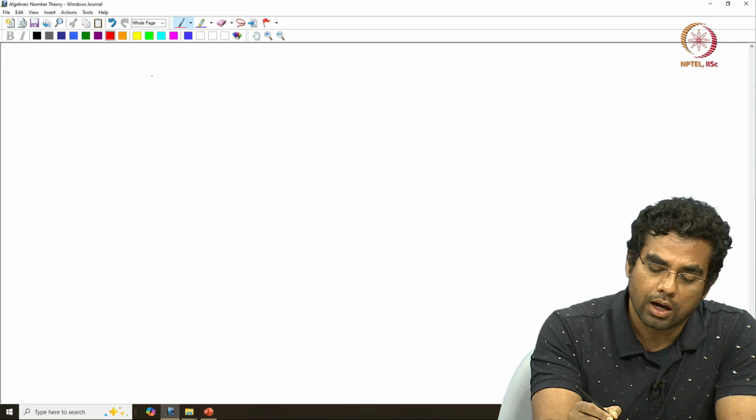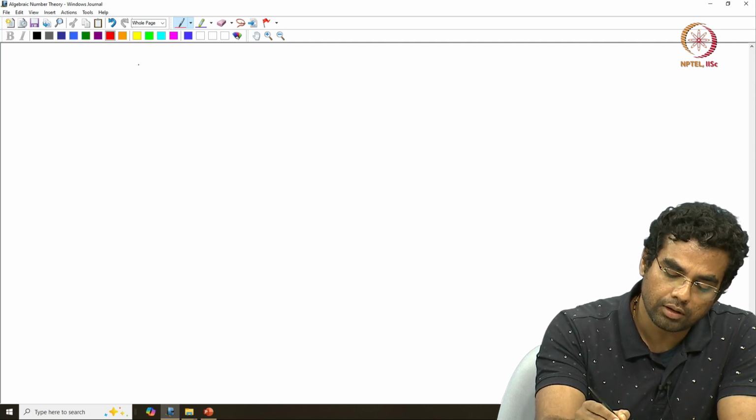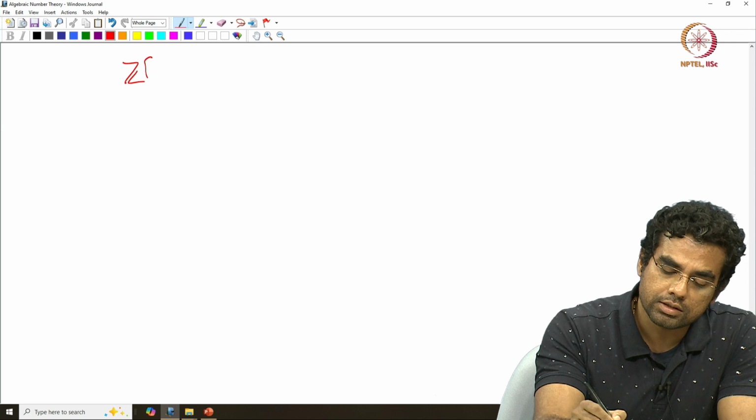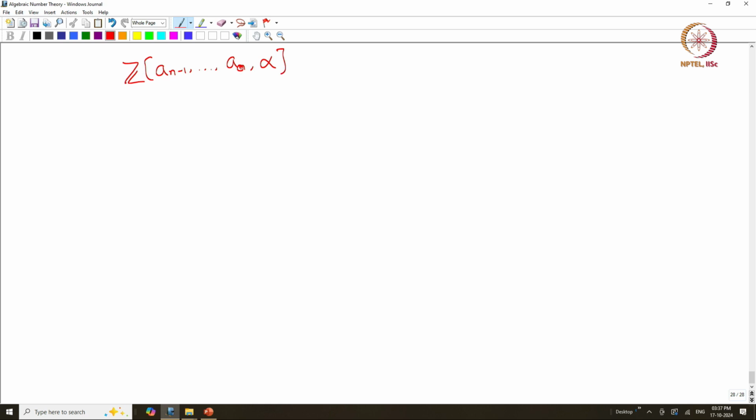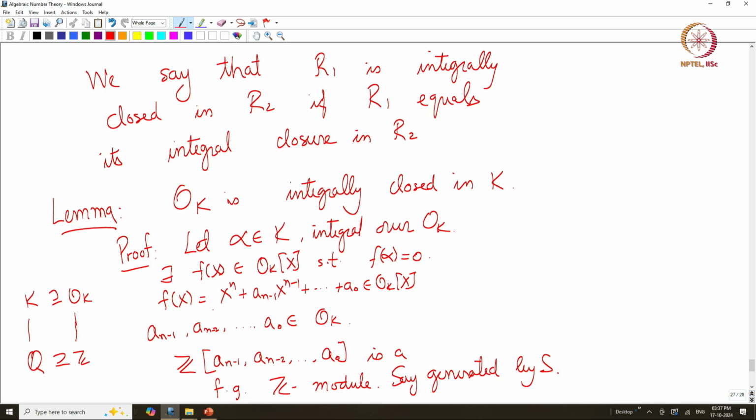Okay. Now, over this Z[a_{n-1}, up to a_0], Z[a_{n-1}, up to a_0, alpha] is generated by 1, alpha, alpha squared, up to alpha^{n-1}. This is simply because alpha is a root of this polynomial f. So, we saw this earlier when we proved those 3 equivalent statements, we proved 3 implies 1.